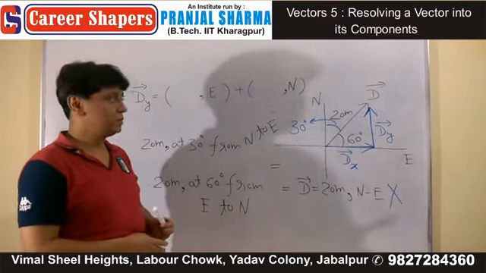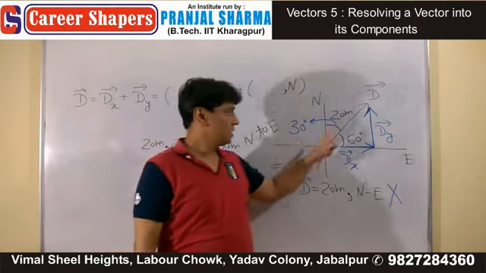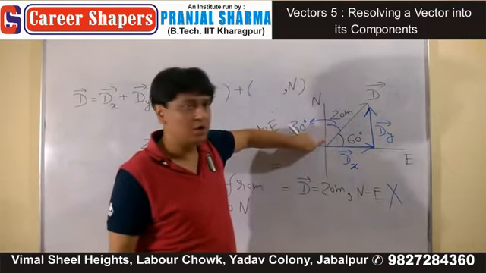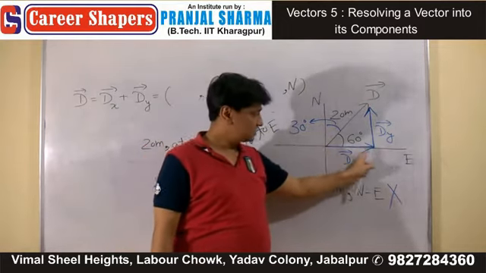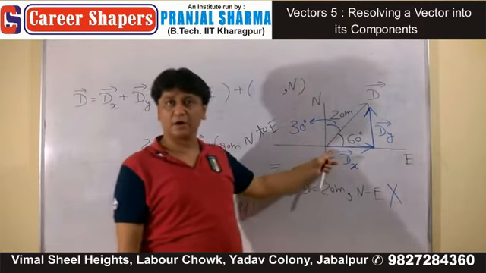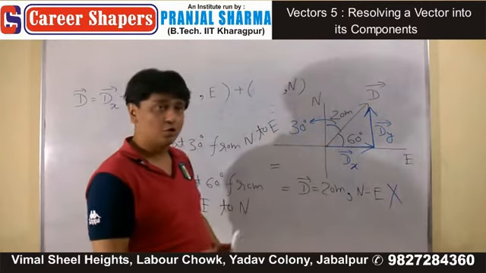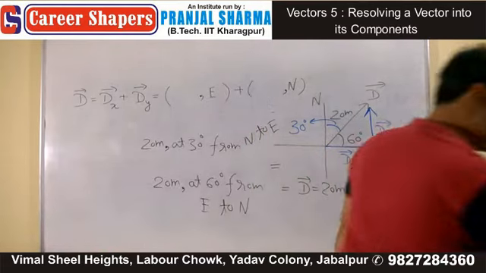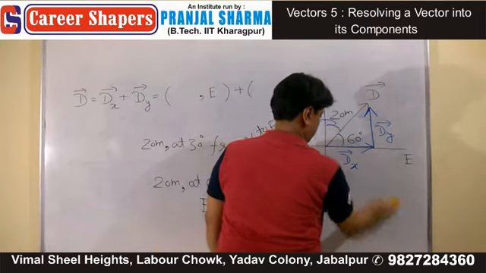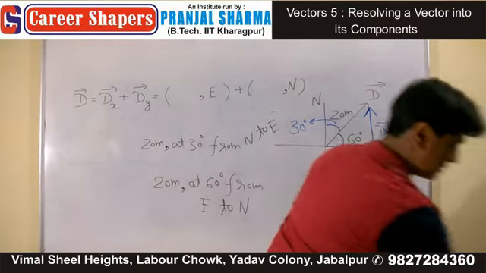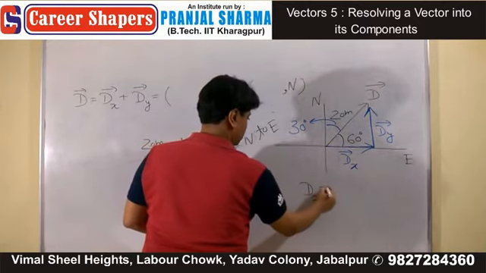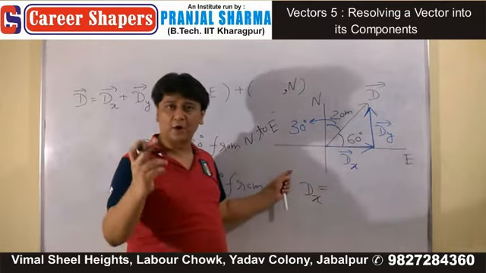How do you write magnitude? Again, what is this length? 20. Main vector is what? 20. This is what? Base component. What is base component? Cos. So, what is dx? If I ask you what is dx, I'm not using arrowhead.